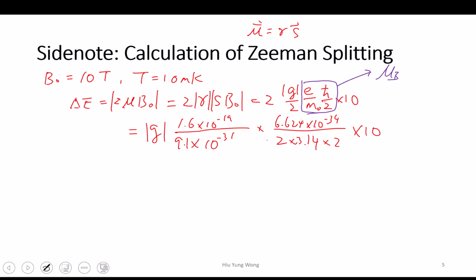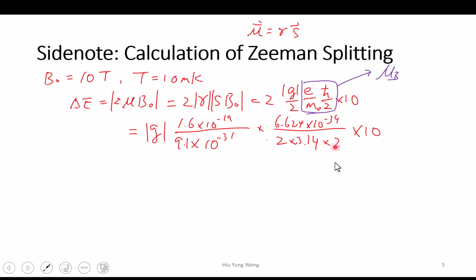Oh, I know what's going on. I might have some problem here in my number because I see my cheat sheet doesn't have this 2.